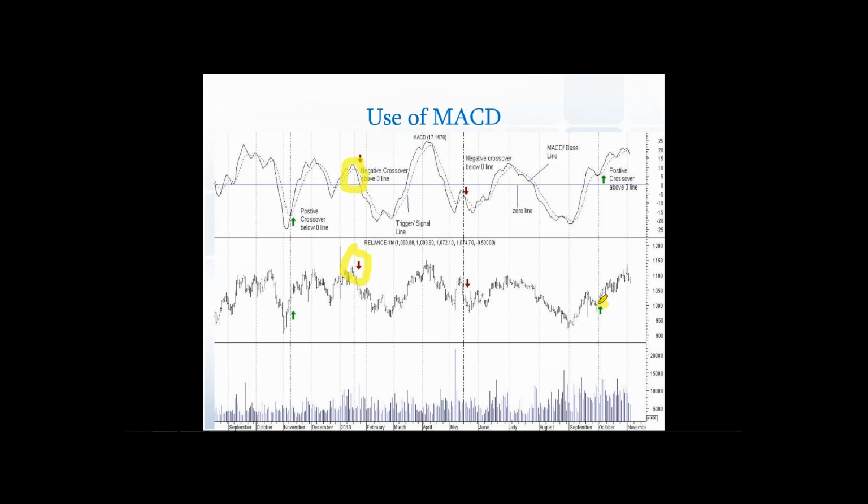Whenever it moves above that line, it gives a buy signal. So it's a very easy indicator, but just to share with you practically, whenever I have used MACD, it works perfectly when you are a positional trader, let's say a 6 month to 1 year kind of trader. That is the time when it works perfectly.